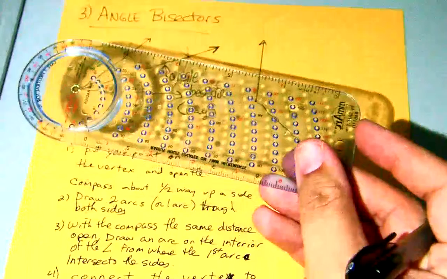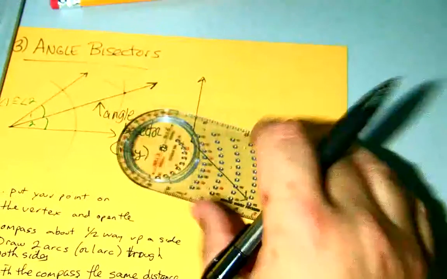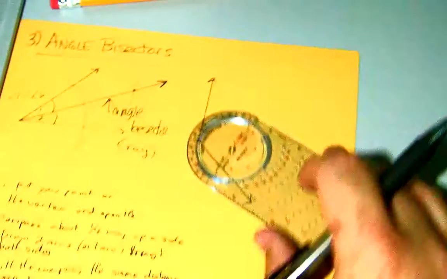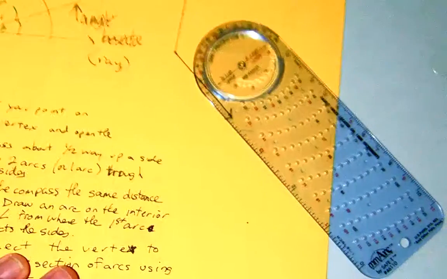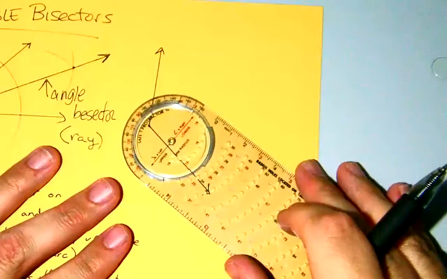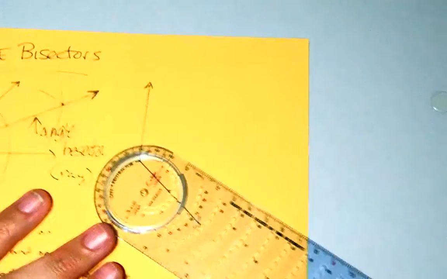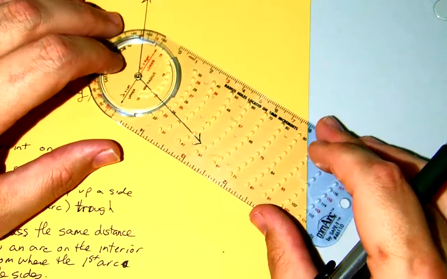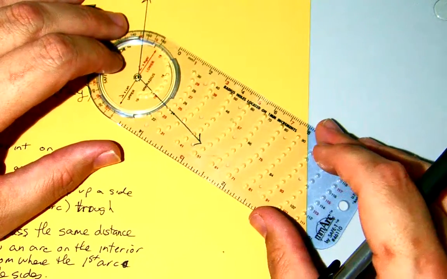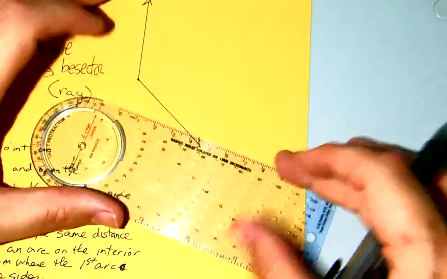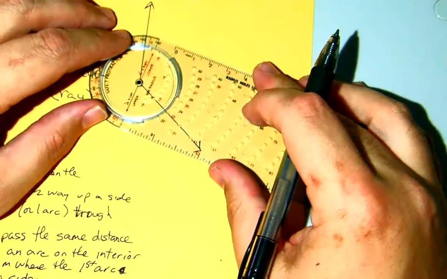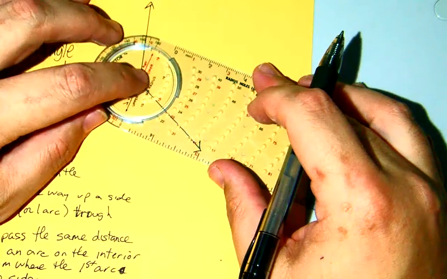Now, with this doohickey, I'm going to go to the vertex here. And I'm going to move this down and up all at the same time. And I'm going to do the exact same thing. I'm going to pick a point. Is that on the vertex? Alright, that's on the vertex.